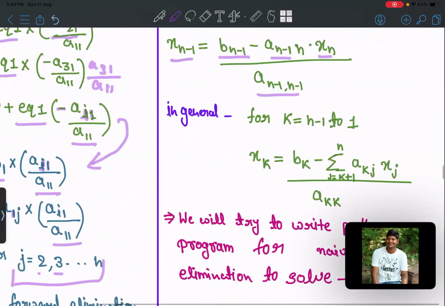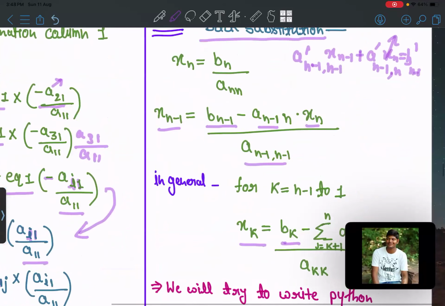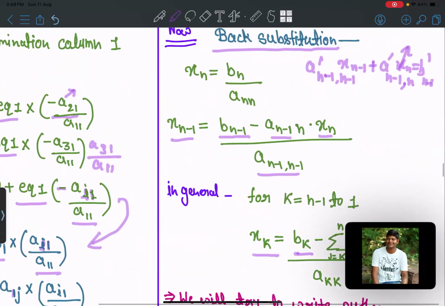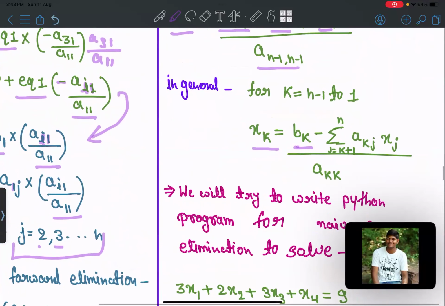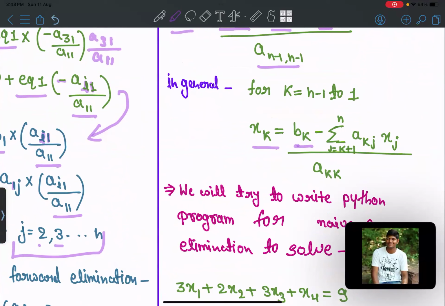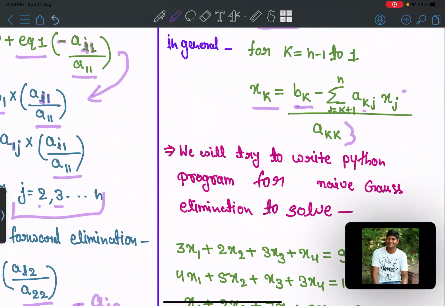In general, suppose I want to find xk, that will be equal to bk minus the summation for j from k plus 1 to n of Akj multiplied by xj, divided by Akk. Are you able to understand?